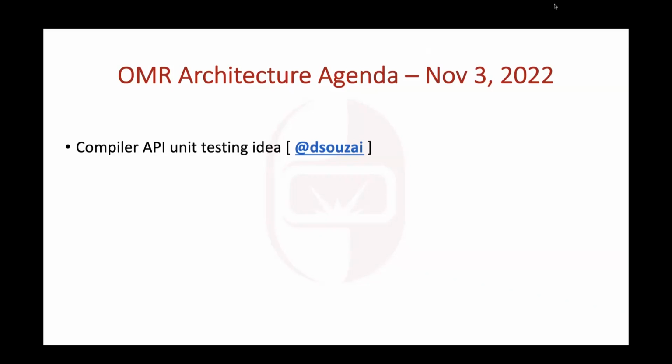The other is you have to make your code more testable, which I know is a challenge because historically the OMR compiler has not been architected to be testable. But I guess my point is that that might need to be part of the final solution: not just thinking about how we're going to test it, but also how we're going to make it more testable.